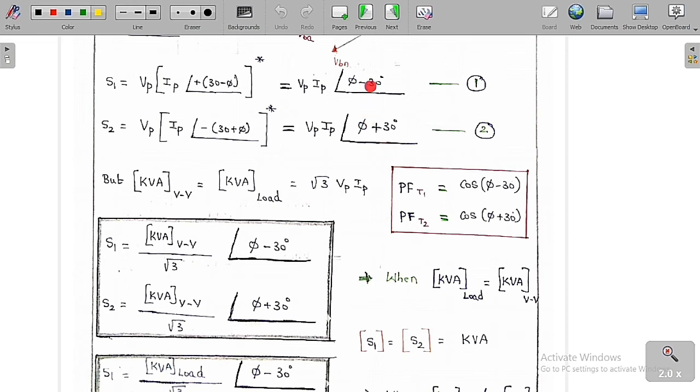Now, you can go for 30 minus phi or 30 plus phi, anything, because cos is always positive. If you go for the negative sign or the positive sign, it is always going to give you the same result. So the power factor of transformer 1 is cos of phi minus 30, and the power factor of transformer 2 is cos of phi plus 30.